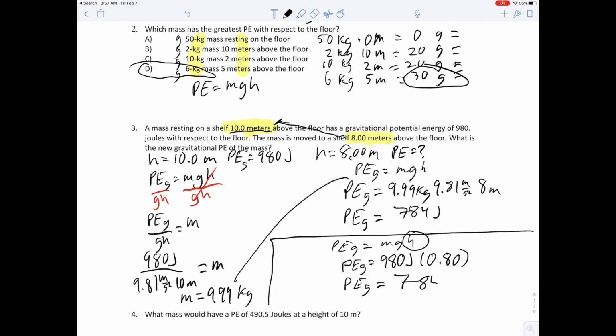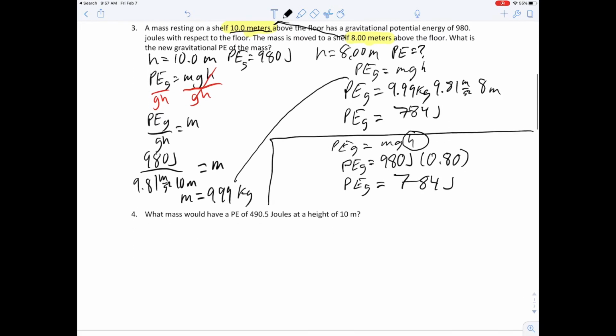If you do that, you get the exact same answer with fewer steps. But again, if you're not comfortable with that, please do the long way. I'm just showing that there are shortcuts, and there are several ways to do problems.